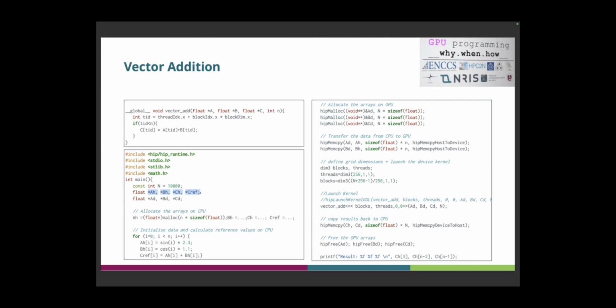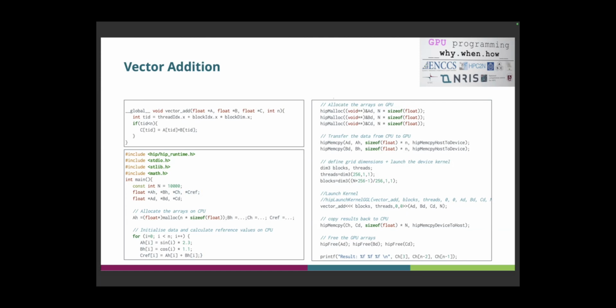If we start our problem by initializing the data on the CPU, for example using these kinds of loops to fill up our arrays A and B, then later we need to transfer this data to the GPU.